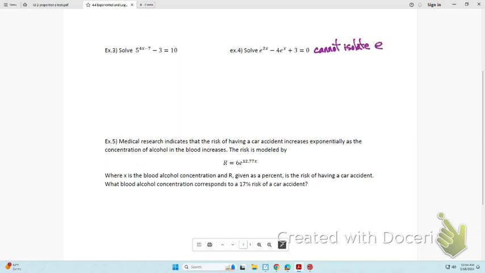I've tried. First time I saw this problem, I tried. You just can't combine this term and this term. It's kind of like an x to a power plus another x to another power. You can't solve it, but you can factor it.